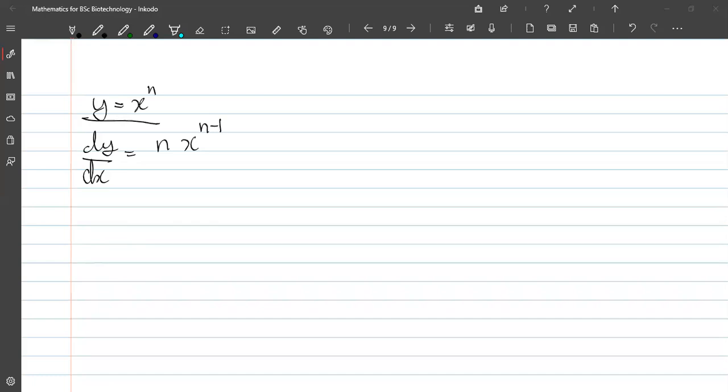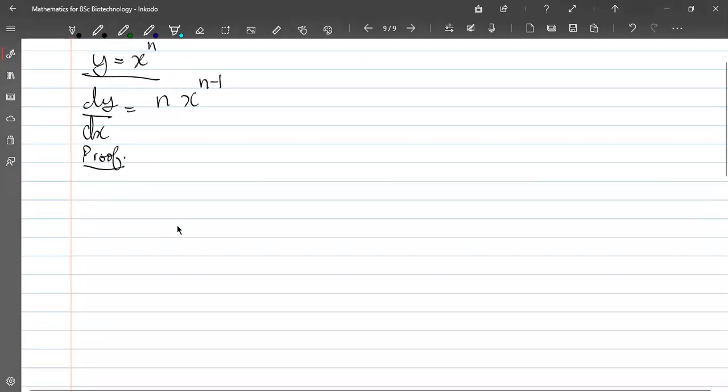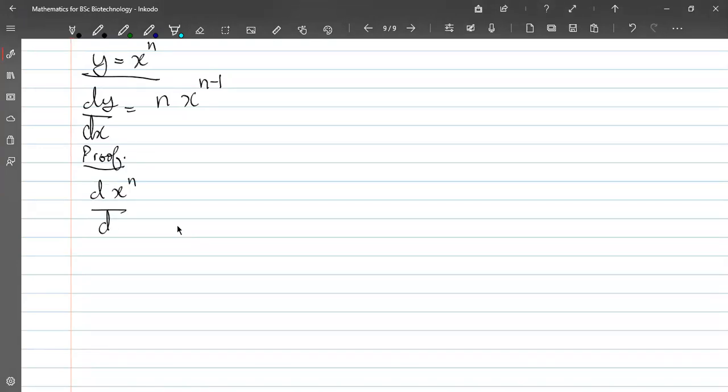That means what we have been doing till now in these special cases. So, well, I'm going to write proof, but don't think of this as a theorem. We're just deriving the basic differentiation formula. So, in fact, instead of y, I'll write it as specifically x power n. Instead of y, you can write the actual function here to denote what you mean.